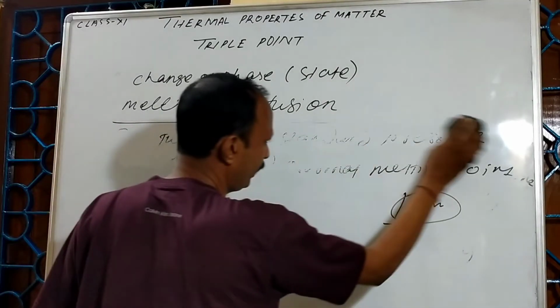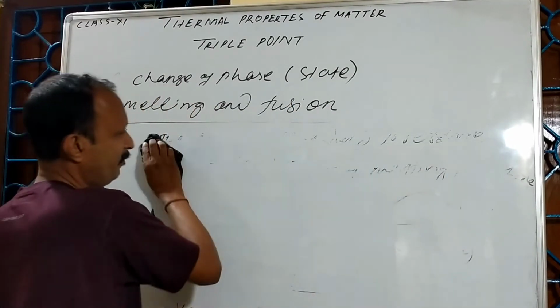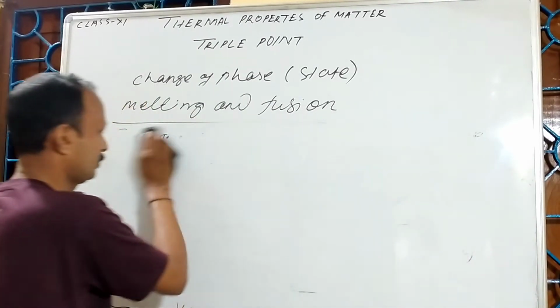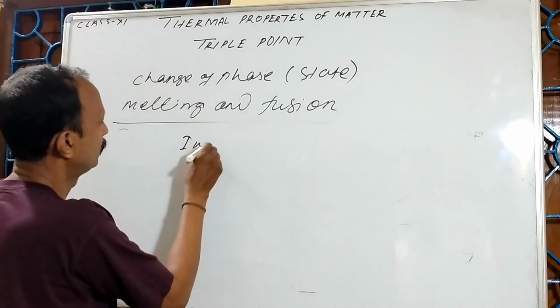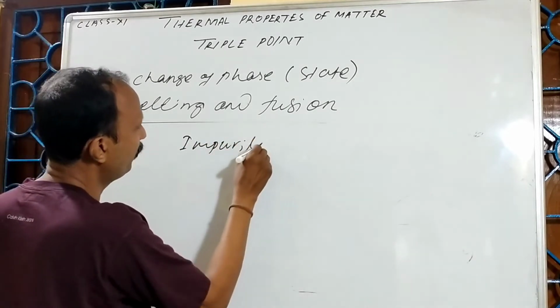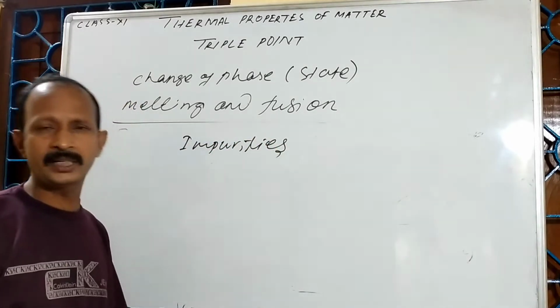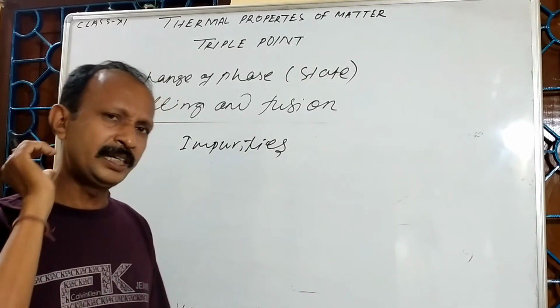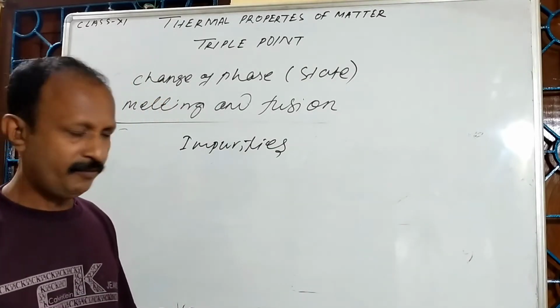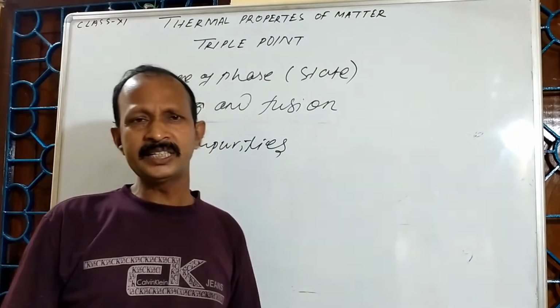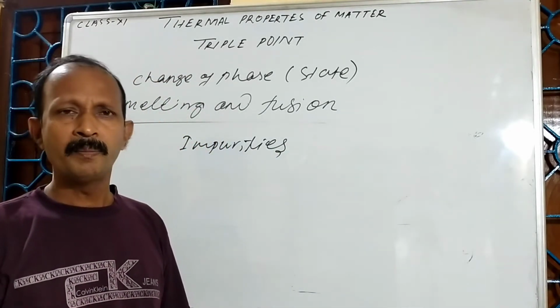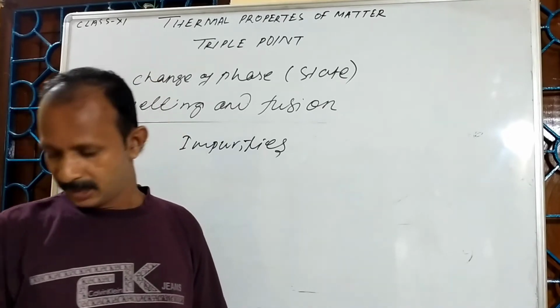This melting point is also affected by certain factors. One factor is the impurities. Impurity is one of the factors that decides the melting point. If impurities increase, the melting point decreases.